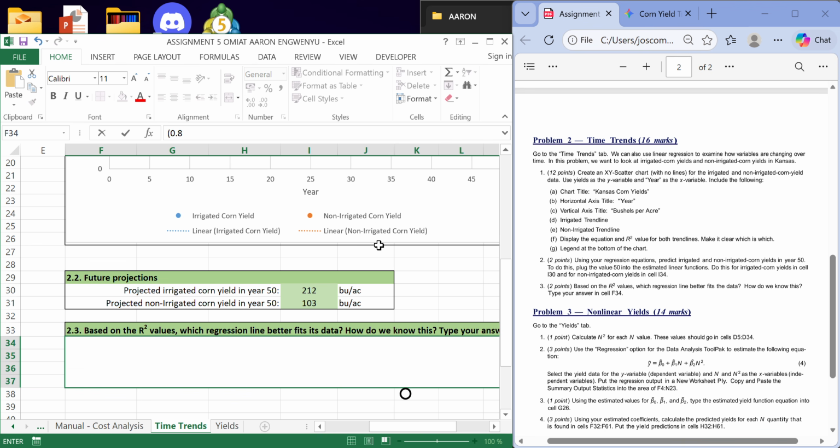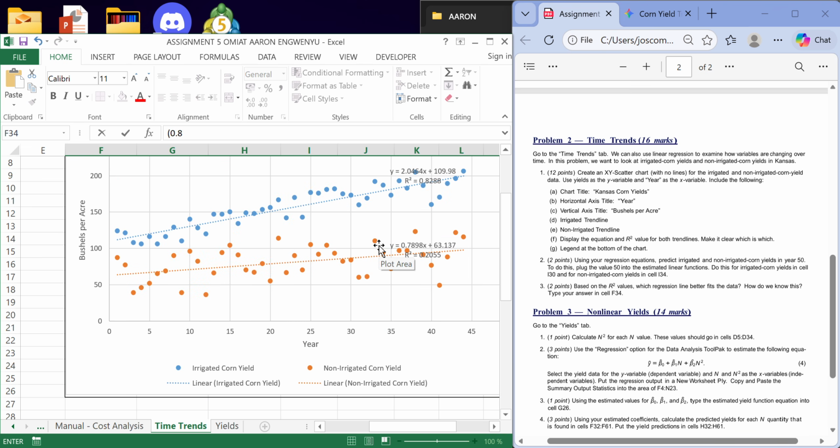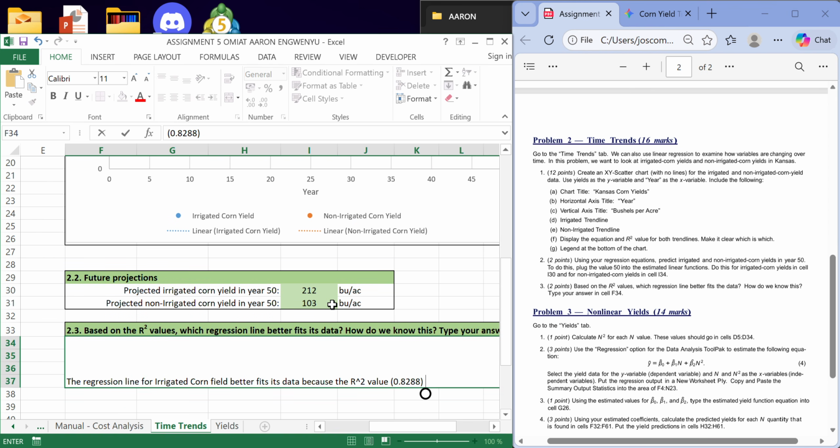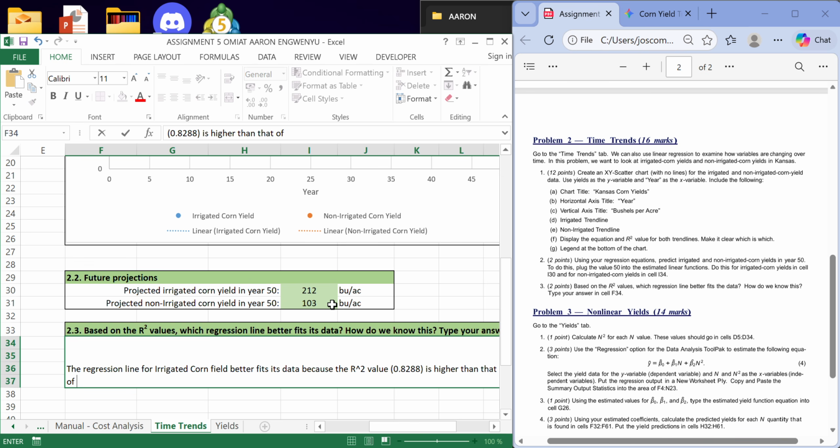Let's check for it again. 0.8288 is higher than that of non-irrigated cornfield.